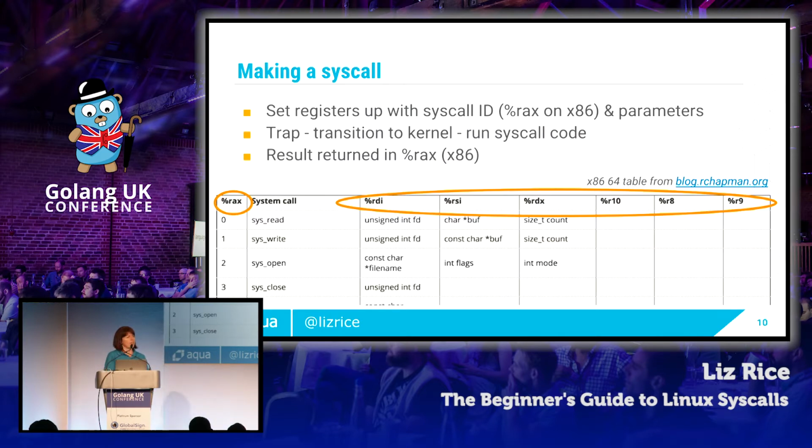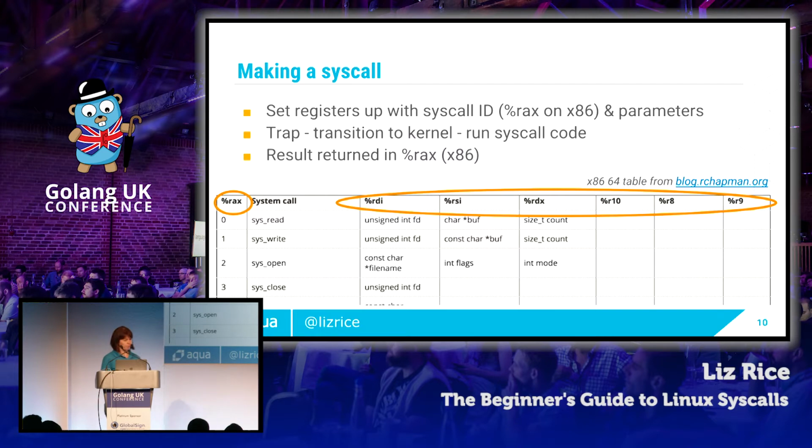So the user space code, that syscall function, sets up a register with that syscall ID. On my x86 processor here, it's using this register called AX, and that identifier tells the kernel what system call code we want it to execute for us. And then we have this table that gives us which parameters we want to pass in, or which register to write those parameters into.